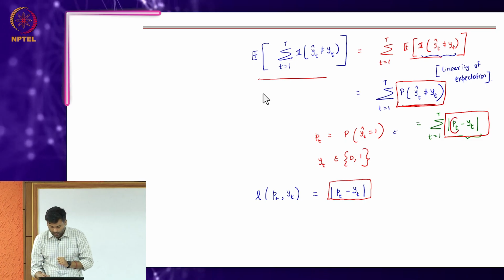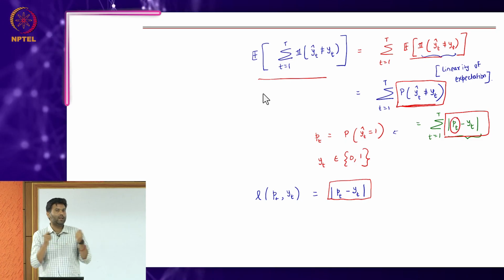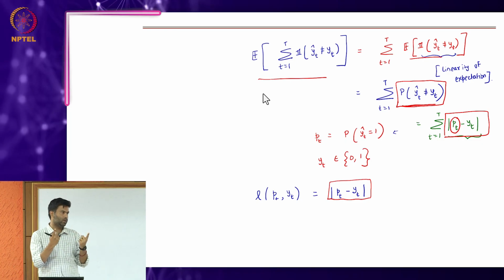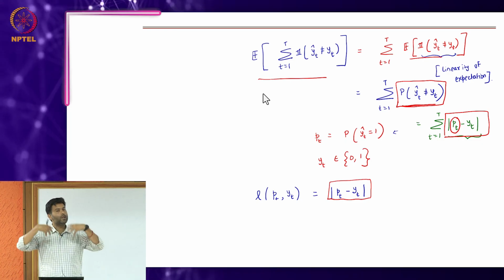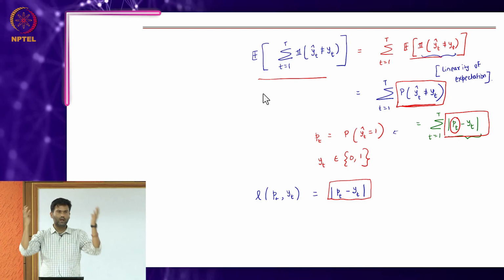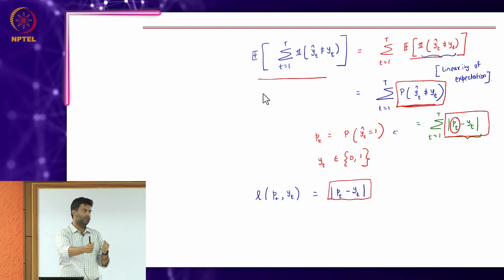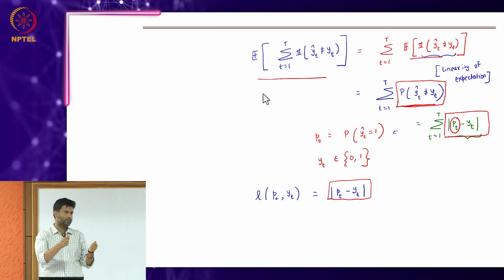Now I have the choice to maintain any pt, a value between 0 and 1. You can equivalently think of it as there being no randomization. I provide a pt in the tth round, which is some number between 0 and 1.